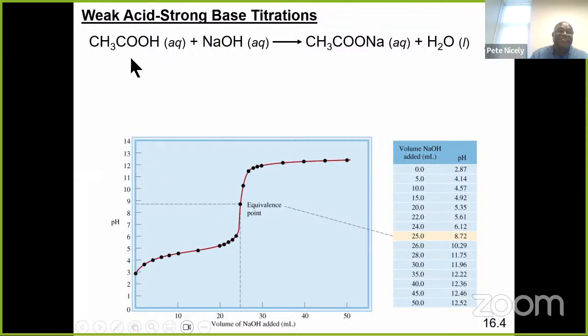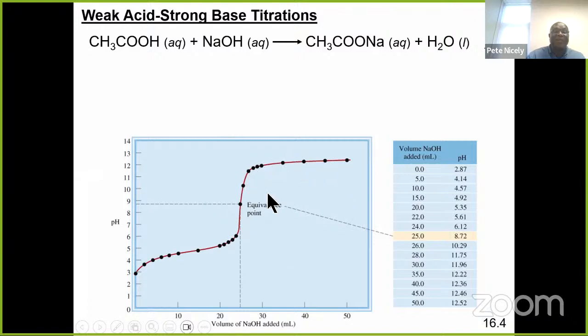So the acetic acid is weaker than the hydrochloric acid, and therefore the pH would start at a higher value, which from the look of things here, I would estimate to be about 3, all right? So the pH starts off at 3, and then as you add your base, it continues to increase until you get to the inflection point again, which is the equivalence point. And then when you add more base, it continues to increase.